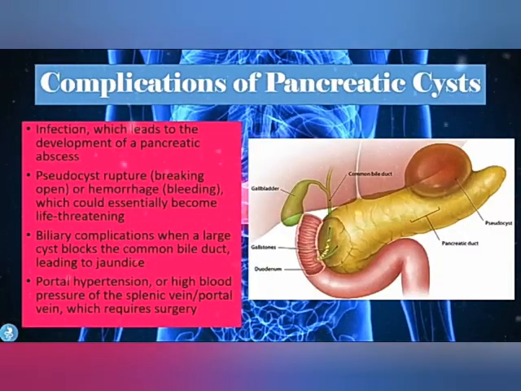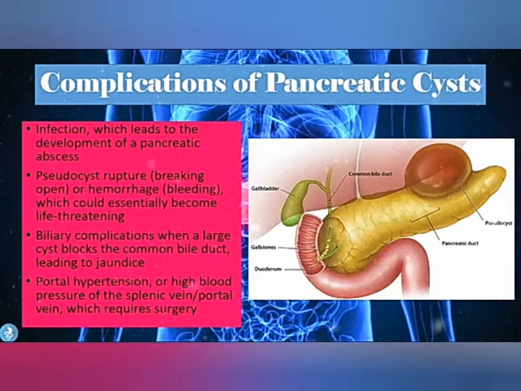Some of these cysts may become infected, which leads to the development of a pancreatic abscess. Usually fluid found within the cyst is clear and non-pathogenic. But sometimes when these cysts become infected, they can become pyogenic, which means bacteria starts to thrive within them. And this can lead to a pancreatic abscess.